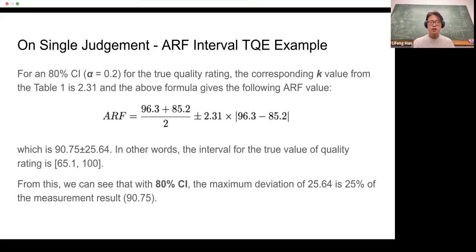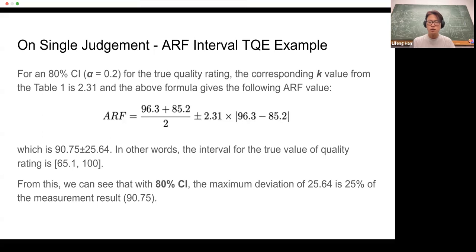For an 80% confidence interval, that is when alpha equals 0.2 for the true quality rating, the corresponding value from table 1 is 2.31, and the above formula gives the following ARF value, that is 90.75 plus minus 25.64.